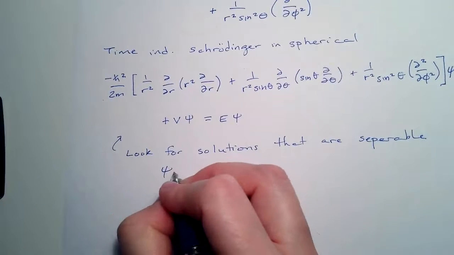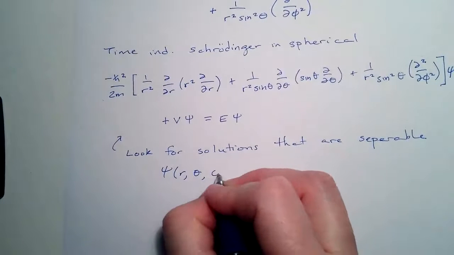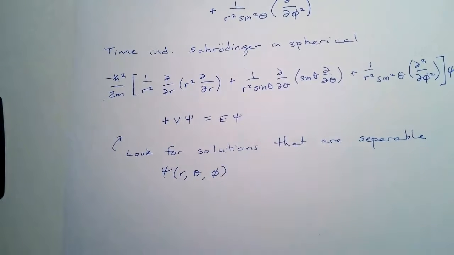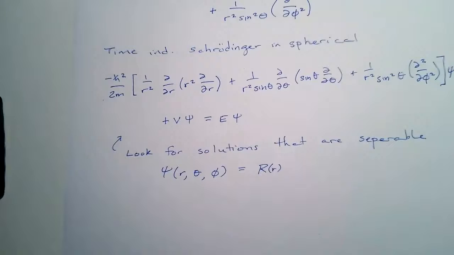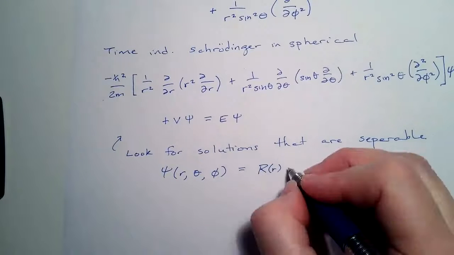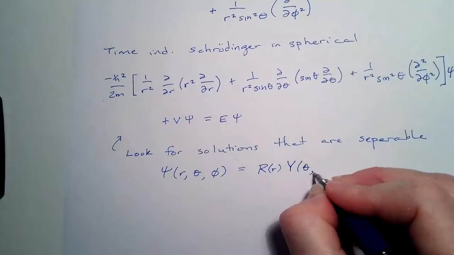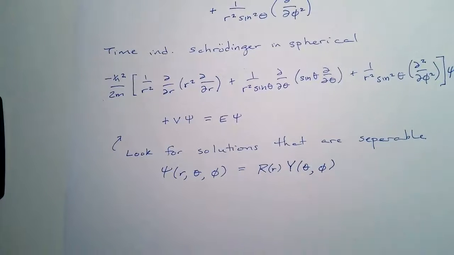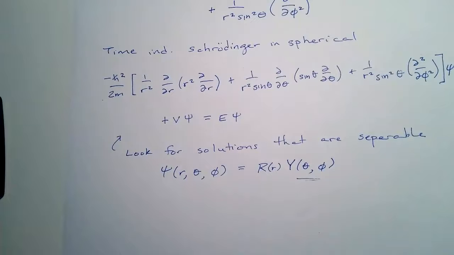So we want to look for solutions that are functions of each of these things individually. So we're going to look for solutions that look like a radial function that's only a function of r, and an angular function that is a function of theta and phi. And then we're going to further separate this angular function into its own 2 things, right?